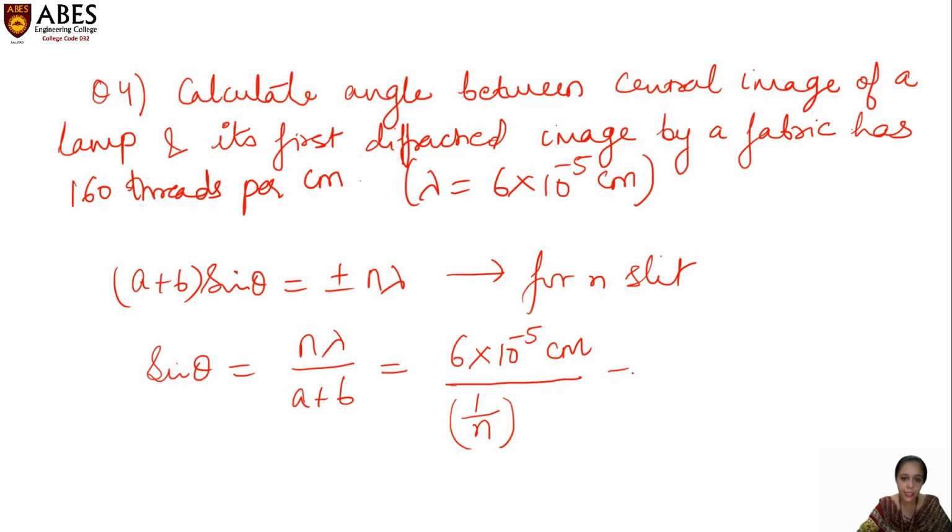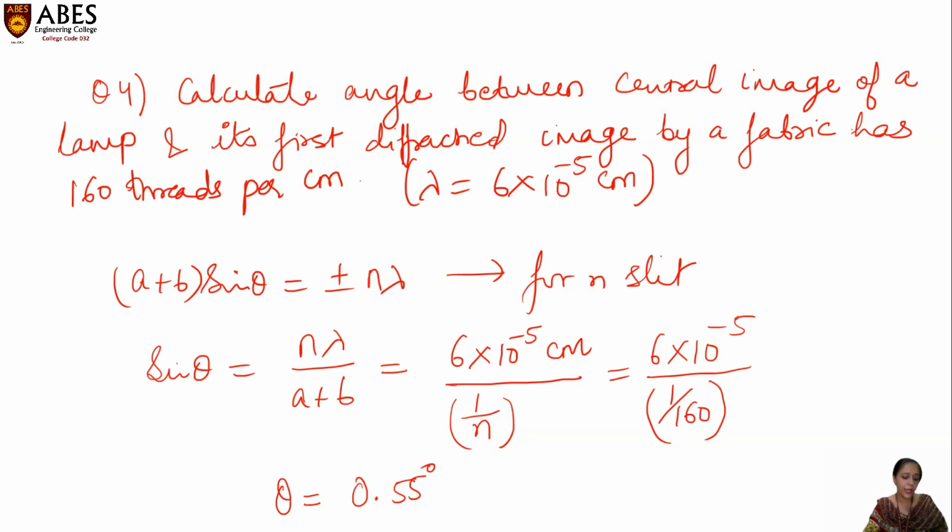So it will be 6 × 10^-5 upon 1/160. If we solve it, we have θ as 0.55 degree. We can also convert it to minutes, and it is going to be around 33 minutes.